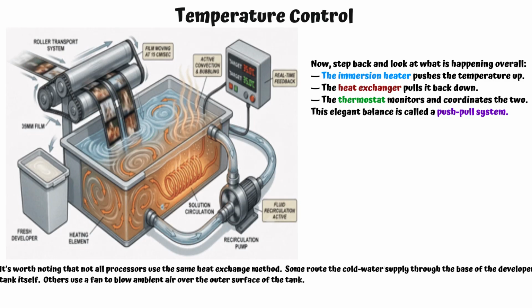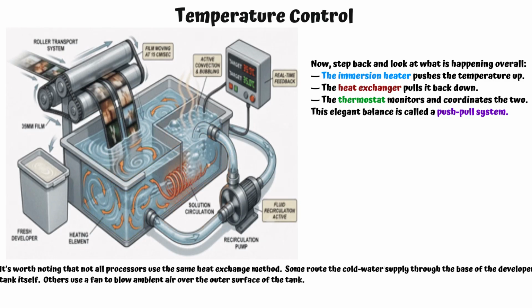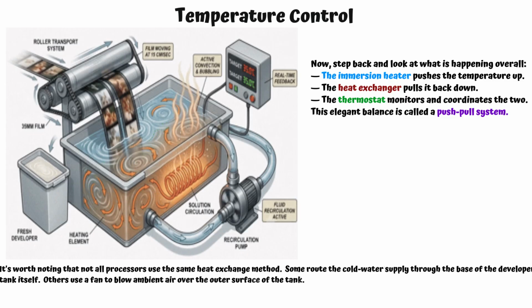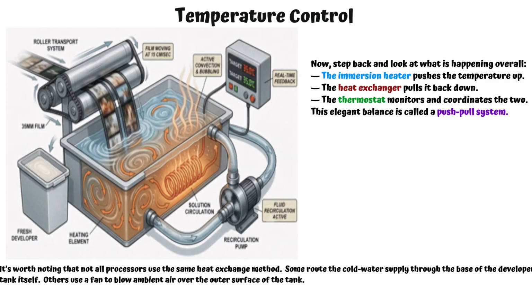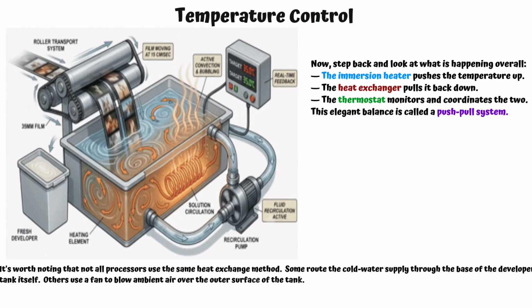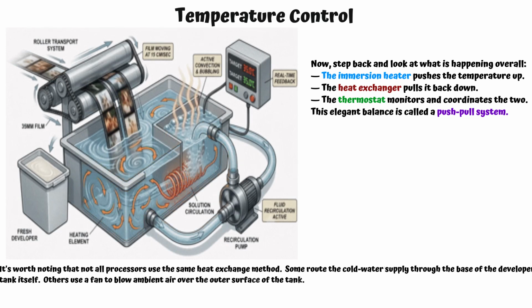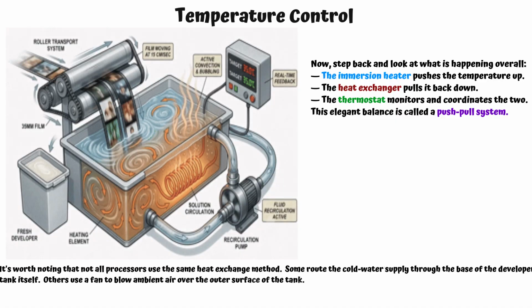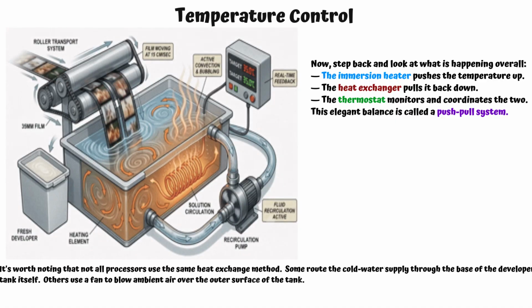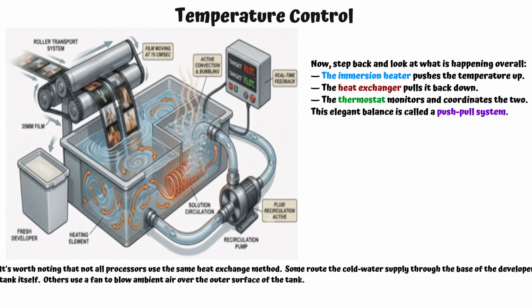Each method achieves the same goal, stable, accurate temperature, through slightly different means. And with the introduction of microprocessor control in modern processors, temperature regulation has become even more precise. Today, accuracy of plus or minus 0.1 degrees Celsius is achievable, a level of control that would have seemed extraordinary just a few decades ago.